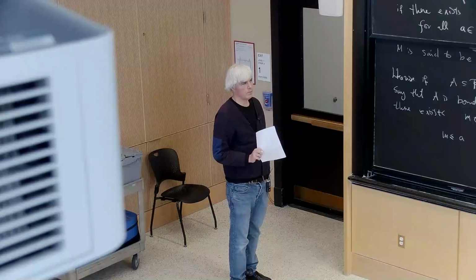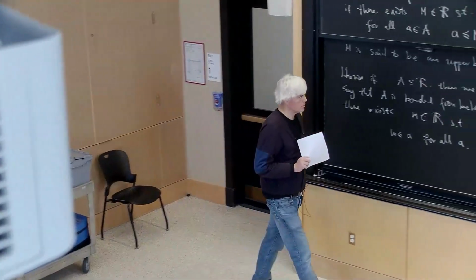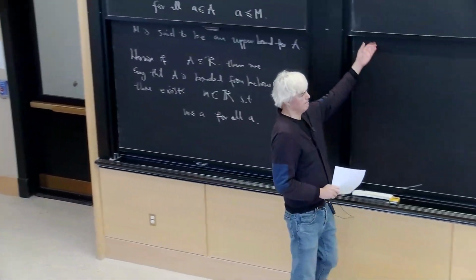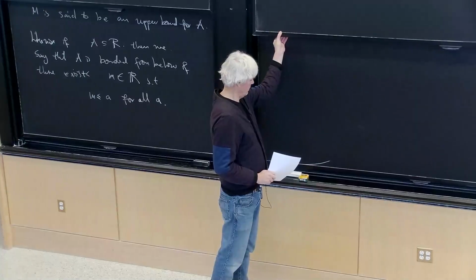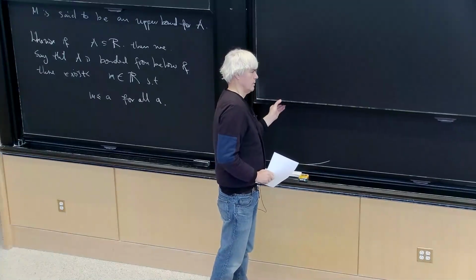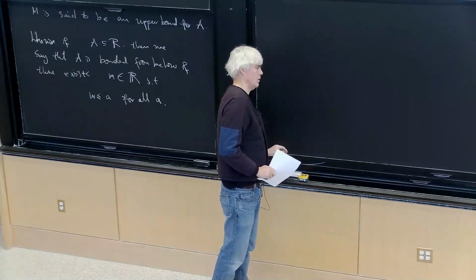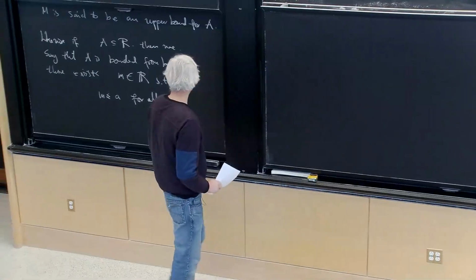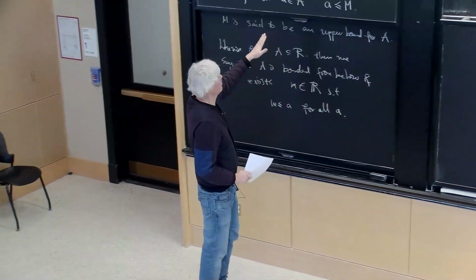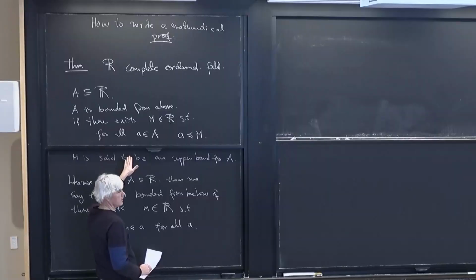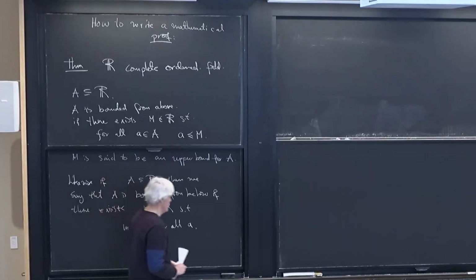Several people asked on Piazza, they were a little unclear about where this M, capital M, has to be. In what set does it have to be? And likewise for this little m, right?